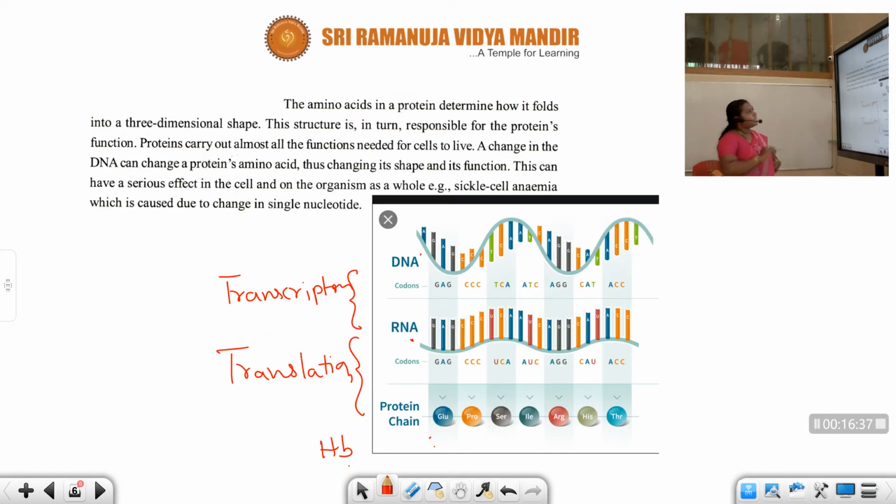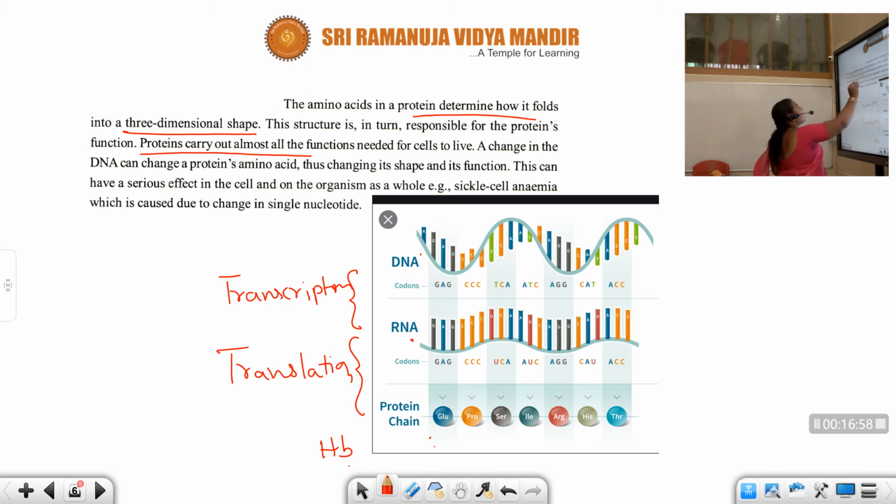Now, the amino acids in the protein determine how it folds into a three-dimensional shape. This structure is in turn responsible for the protein's functions. So this is not only responsible for the synthesis, it is also responsible for the functions of the particular protein.